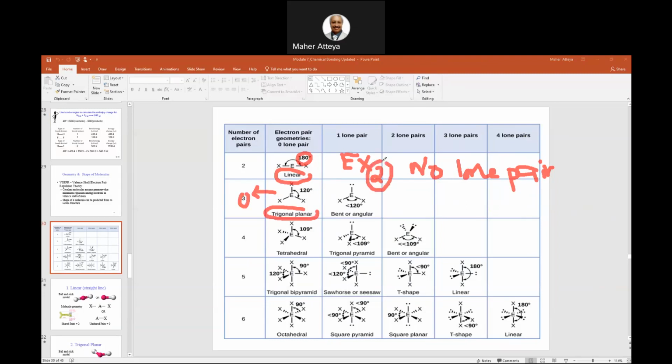The terminals will give you the number of groups, or zones, or units. Somebody give me the code of this one. The code will be, guys, EX3. Yes, that's correct. And this will be trigonal planar, and the angle between the central atom and the 2 terminals is 120.